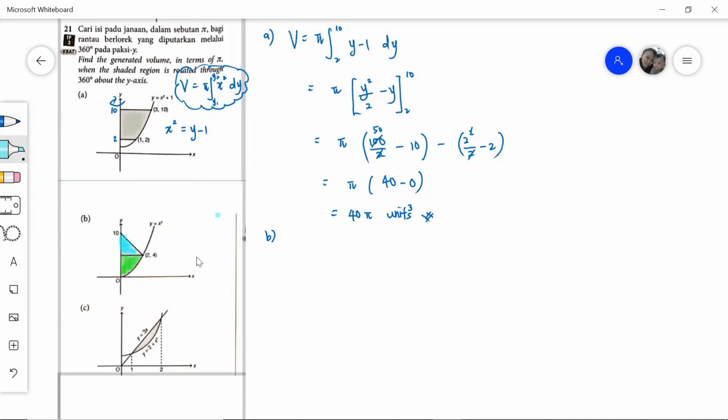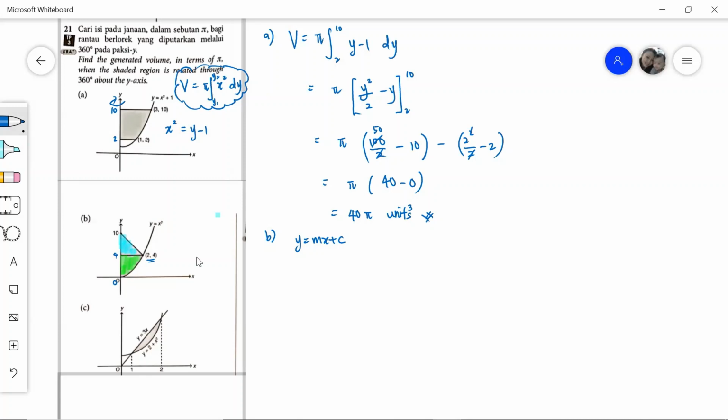Since we have the function of the curve, now we need to find the equation for that straight line. We can use y equals mx plus c and substitute the point that we have, that is 2, 4. That means this is 4 here, this is 0.